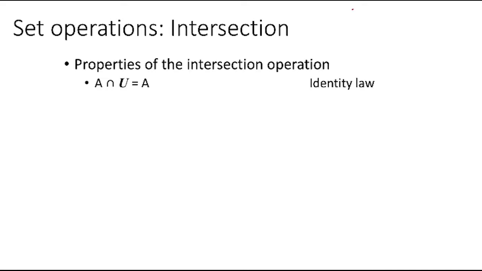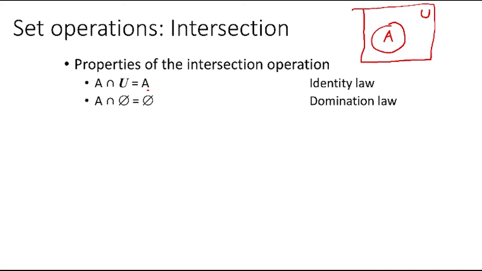If I take this as the universal set U and this is A, then A intersection U is A only, because the common part of U and A will be A only. We need the common part of A and the null set. Obviously the null set is the common portion for both of these. But when I go for A intersection A, the common portion is A only, right?